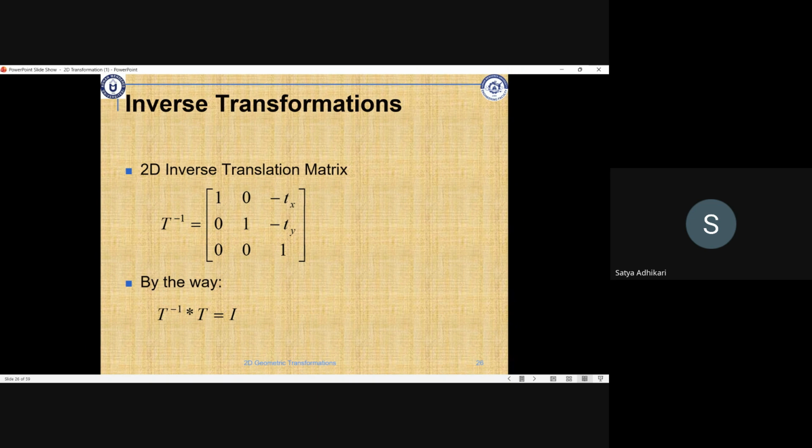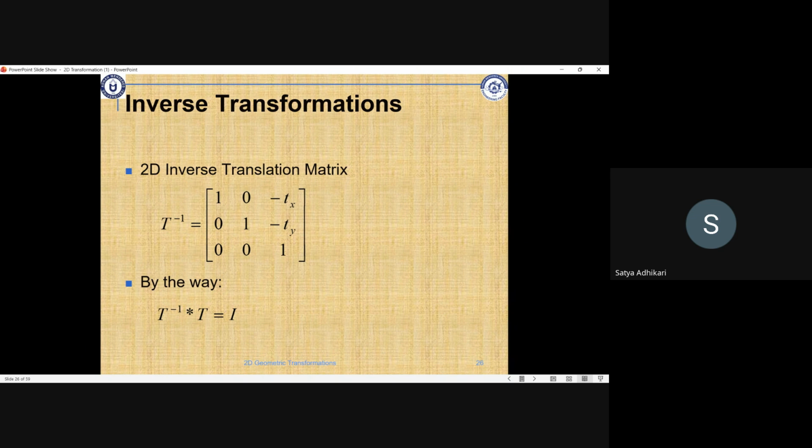Now inverse transformation, as the name suggests, works exactly opposite to translation. What does the translation do? The translation moves a point from one location to another location. Exactly in the opposite way, the inverse transformation moves the translated point back to its original point.